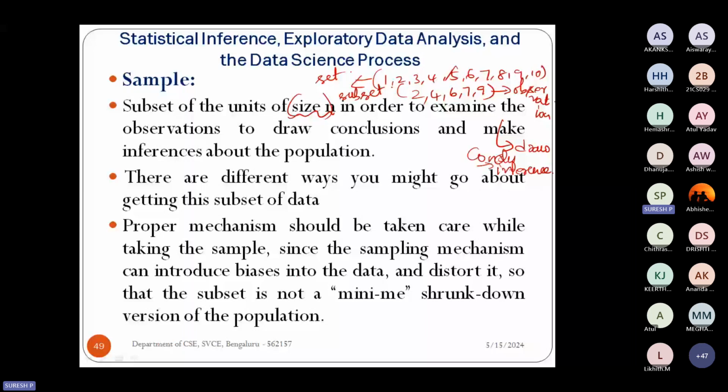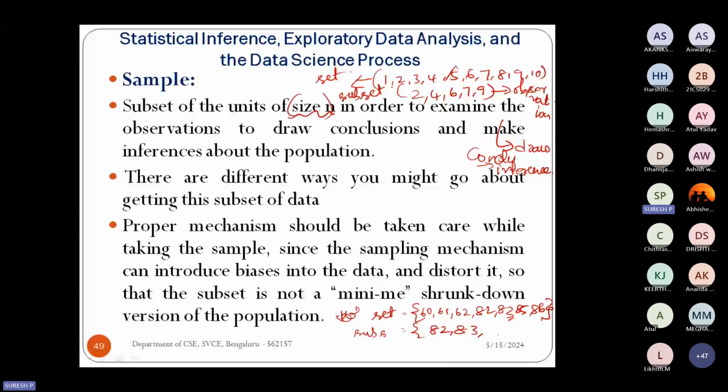So first I want to check who is going to be the topper. If I have the set of the class, first I take out all the percentages. Some will be 60, 61, 62, some will be 81, 82, 83, 85, 86, like that. From this I take a subset, only the values 82, 83, 85, and 86.